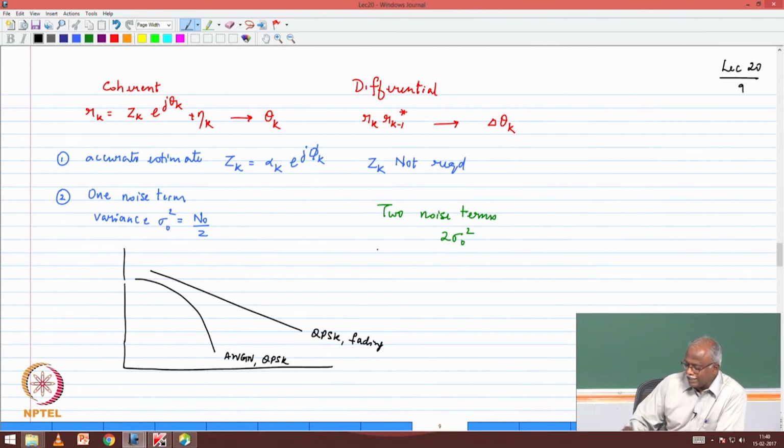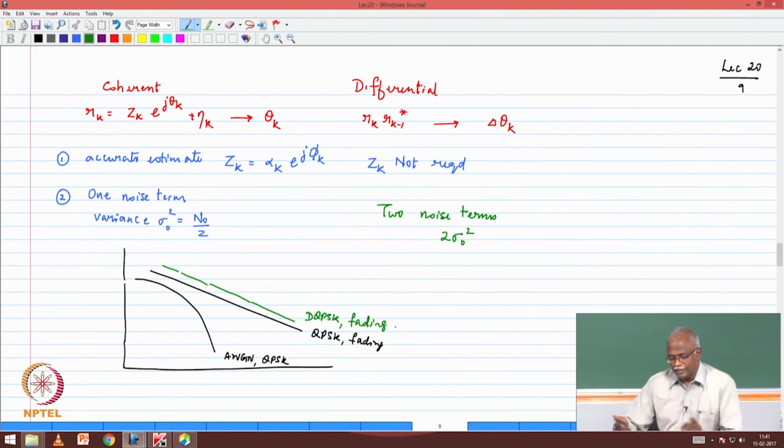And because of the two noise terms, you will have to take this on faith, the performance of differential QPSK will look like this. It turns out that it's almost a shifted version. So DQPSK in fading. Of course these are the criteria. One requires Zk, the other one does not. One deals with one noise term, slightly better performance, the other one has two noise terms, but this is the graph that you would see. So the question is, why would you even bother with differential QPSK?